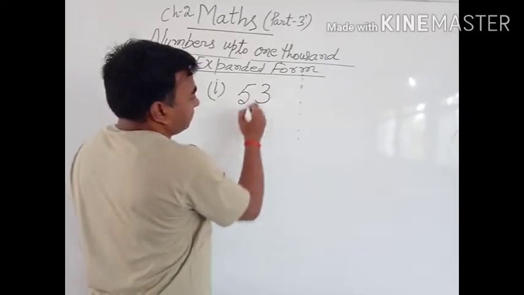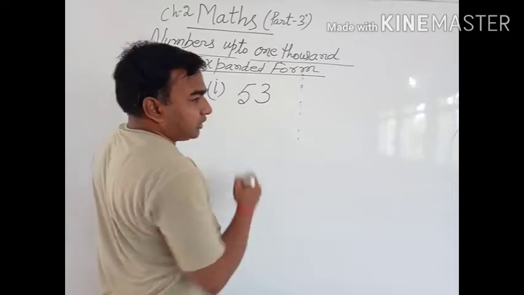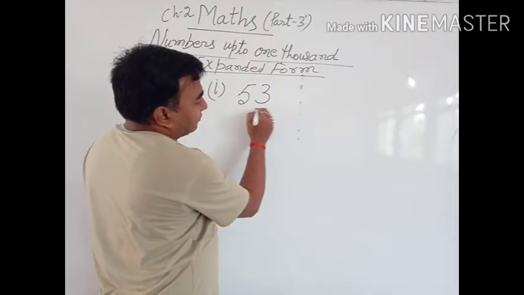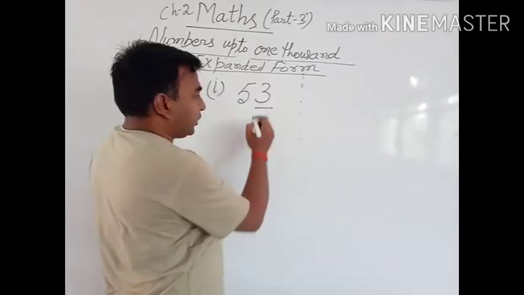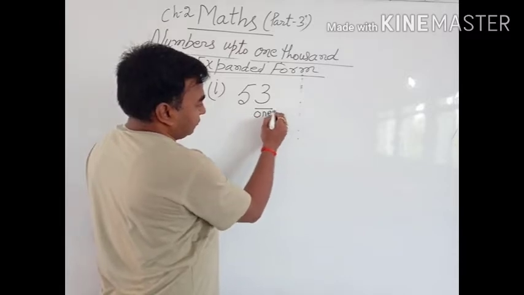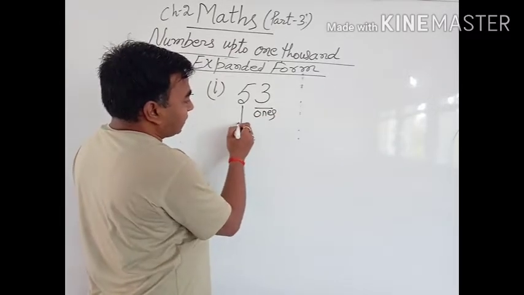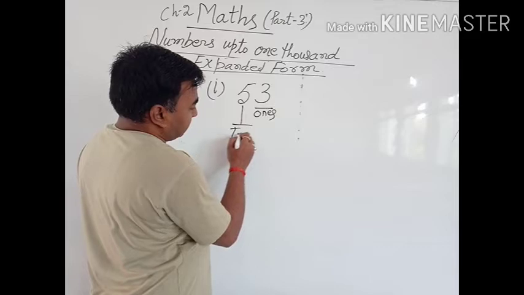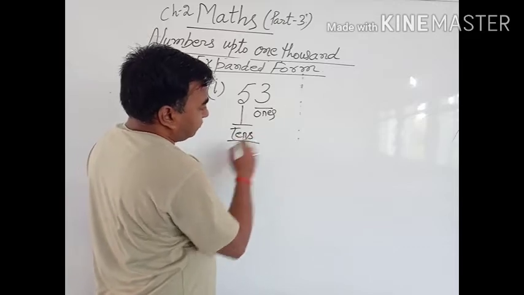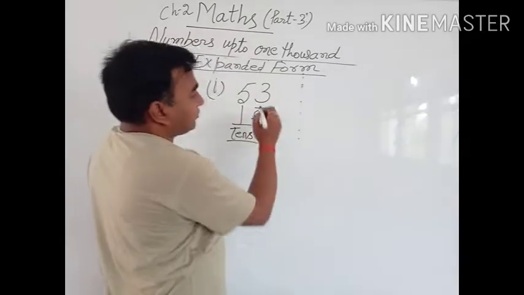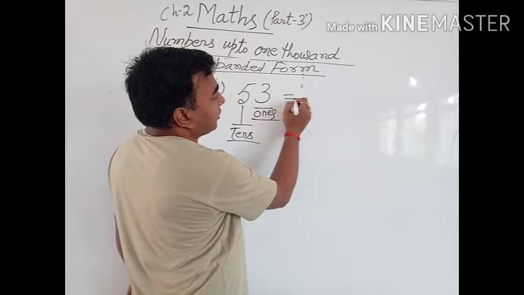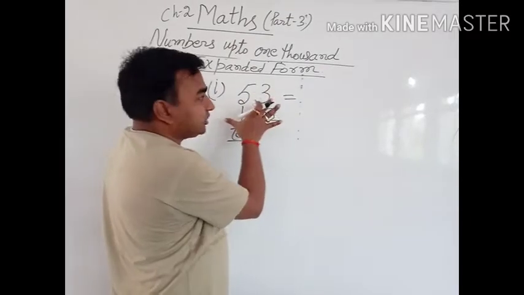First is 53. Expand. What is the place value of these 3 ones? What is the place value of these 5 tens? It means how can we write the expanded form of this 53?